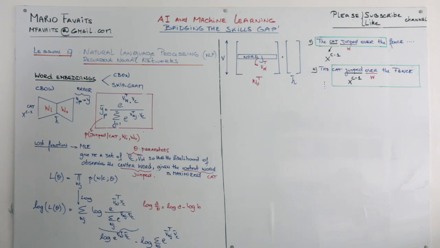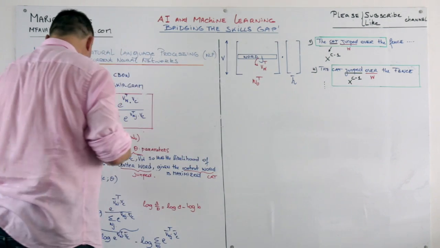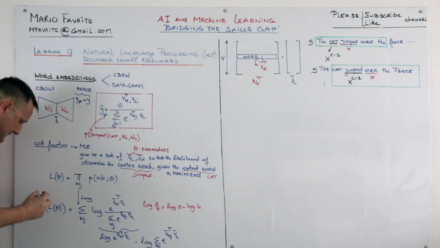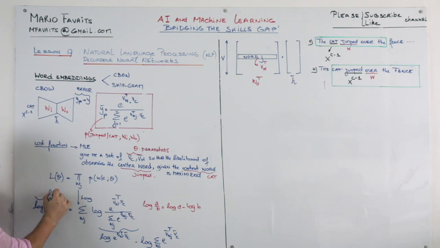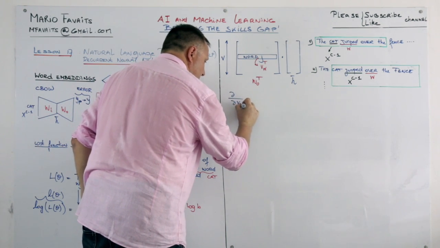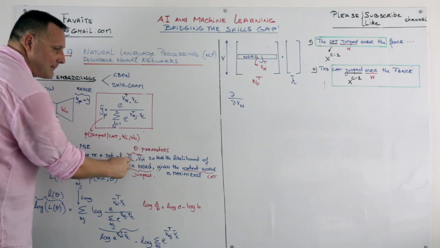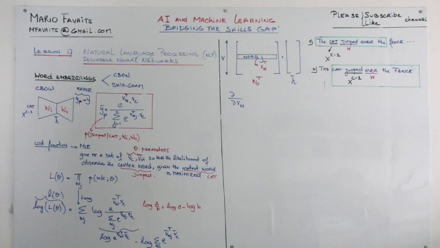Now we want to maximize that likelihood, or the log likelihood. When we maximize, we need to take the derivative and set it to 0. Let's call this one small l of theta. We take the derivative of small l of theta with respect to Vw; we'll have to take the derivative with respect to both parameters, but let's start with Vw.